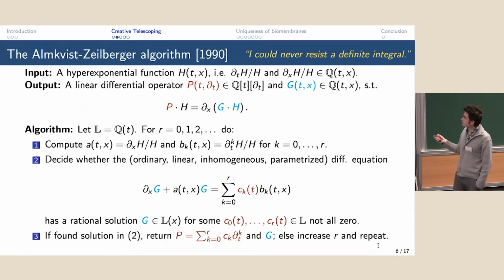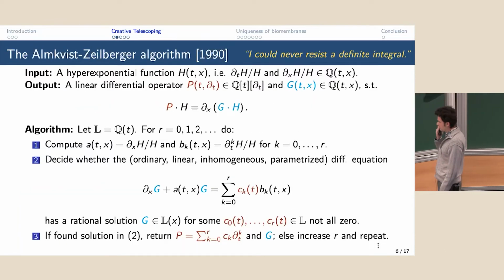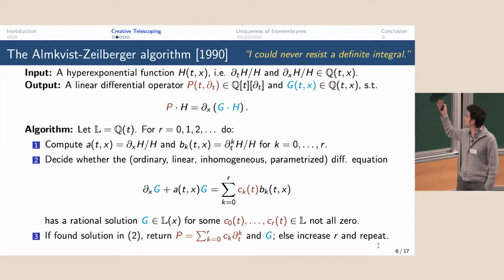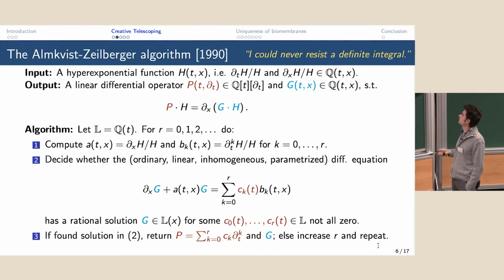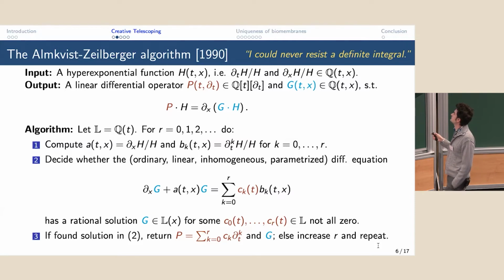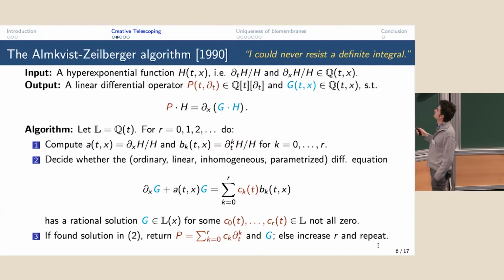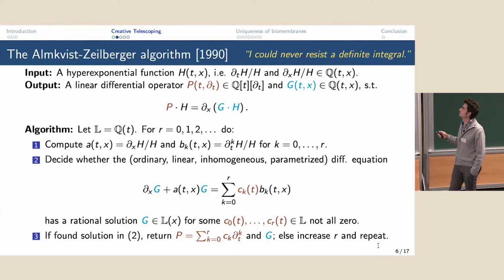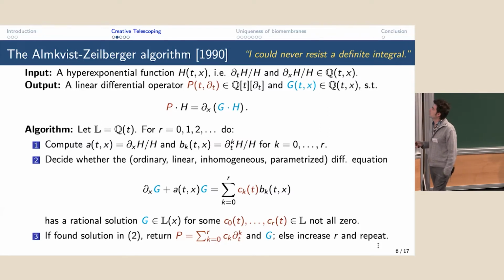So here I present one of the original works. I will talk about the history of creative telescoping on the next slide, but I wanted to already now show the origin of the story, so to say, namely for integrals of rational functions, or actually even for hyperexponential functions, those which satisfy the property that the derivative divided by the function is rational.